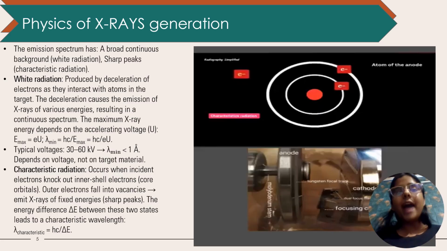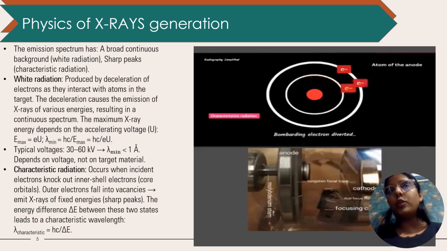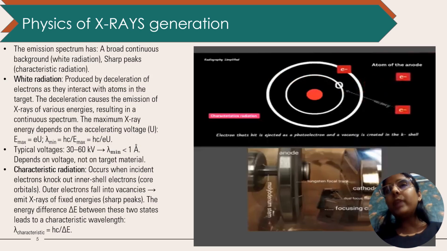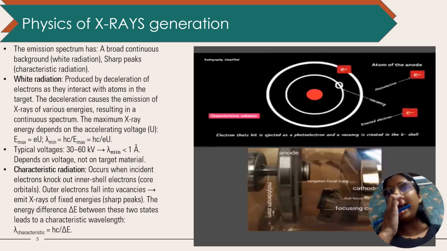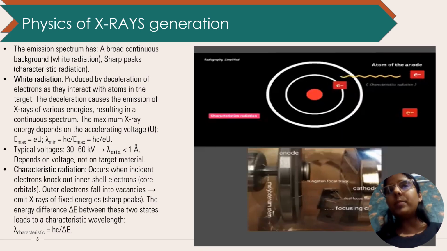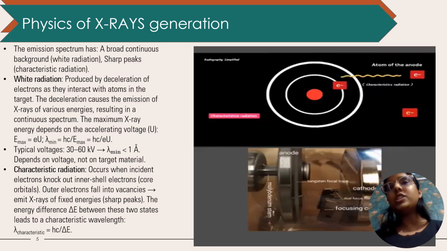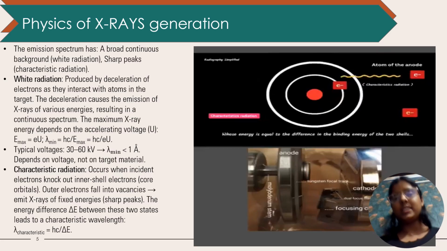Now for the characteristic radiation, you can see here the electron coming from the cathode filament interacting with this atom of the anode, knocking an electron out of the core shell of the anode atom. The vacancy is generated, an electron from an outer shell comes inside, and due to this its energy is decreased and it releases energy in the form of X-ray.